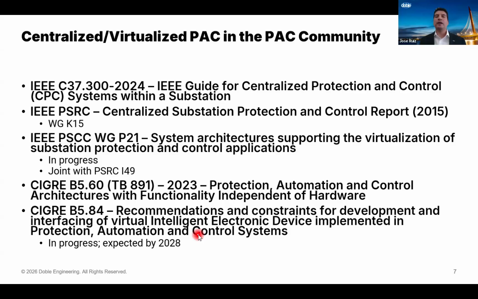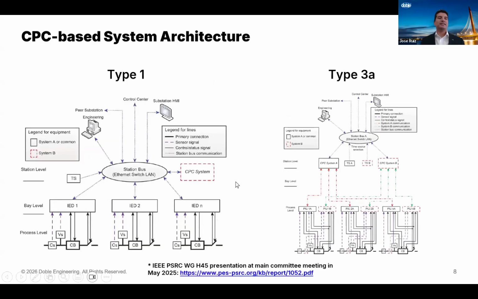So this working group aims to describe the possibilities and requirements for the virtual intelligent electronic devices and the hosting server structure, and to illustrate this with use cases. Basically, what is needed from the server to host multiple virtual protection relays. So we have talked about virtual protection relays so far, but I'm going to explain that later.